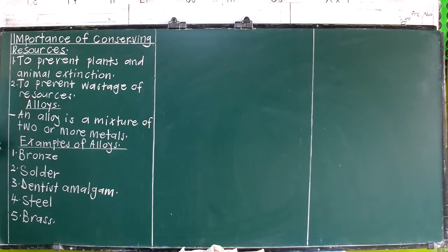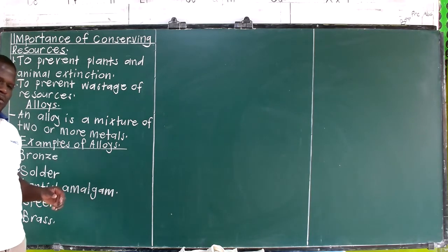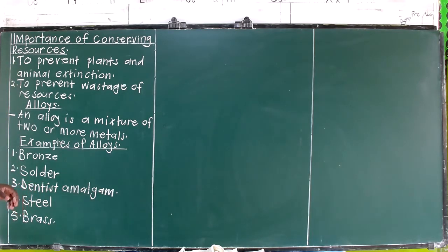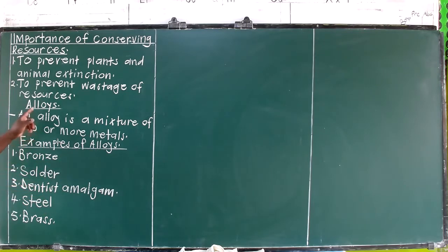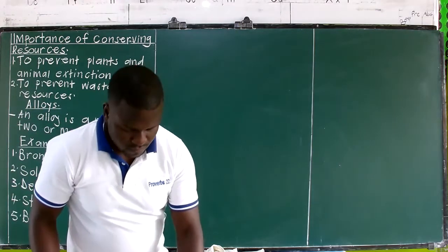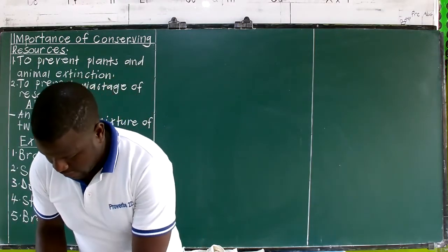These are the five examples of alloys. We say an alloy is a mixture of two or more metals. So there are some metals you mix and you get bronze, others you mix and you get solder.